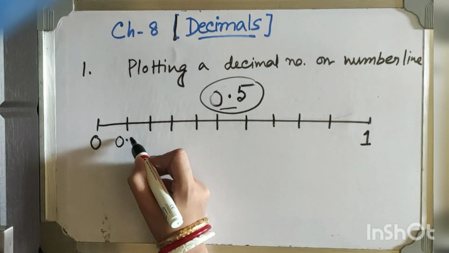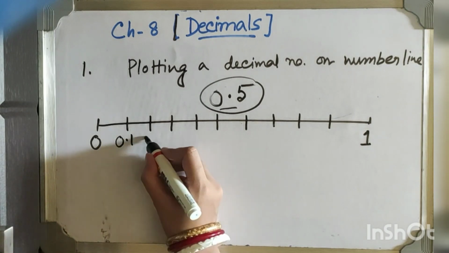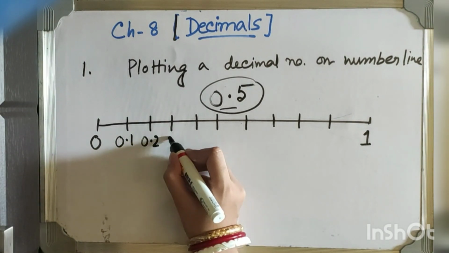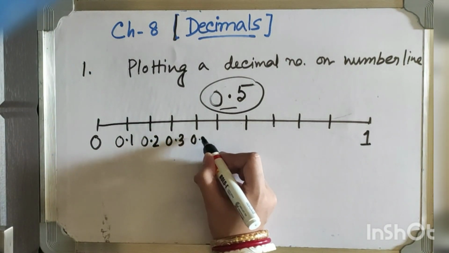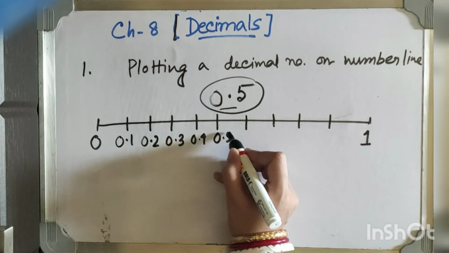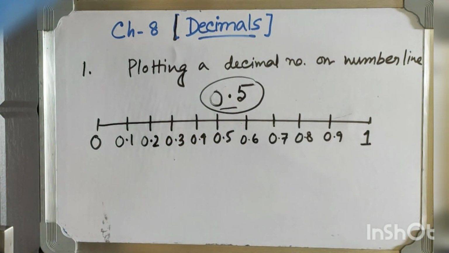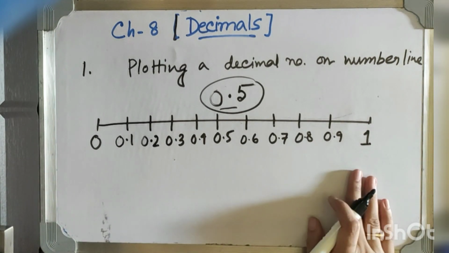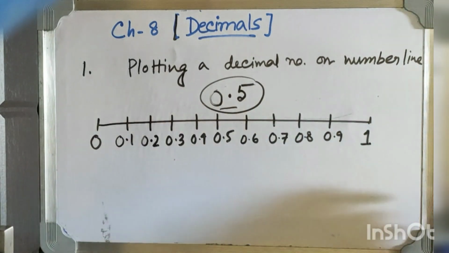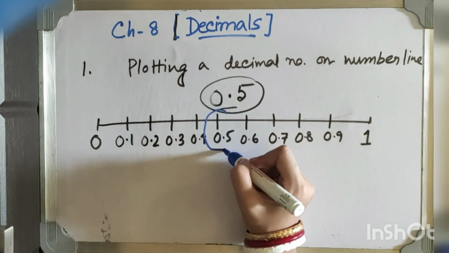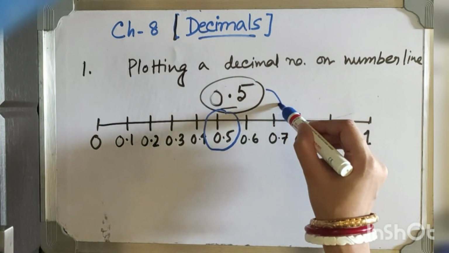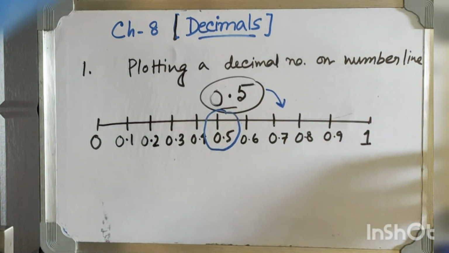First one will be 0.1, the second point will be 0.2, third one will be 0.3, fourth one will be 0.4, fifth one will be 0.5. In this way we will proceed. So from here we can easily say where 0.5 lies. Okay, so this is the point 0.5, you can see this, and we have plotted this decimal number on the number line.